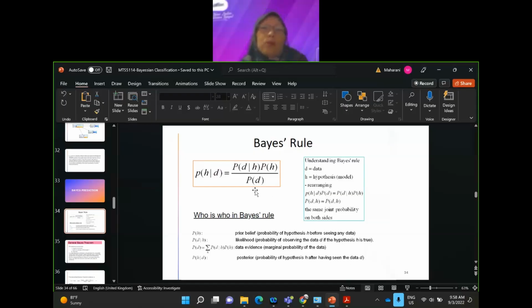So what are they actually? Here we have some notation, the common notation that we know from the Bayes theorem. P(H) is called the prior belief or probability of hypothesis H before seeing any data.